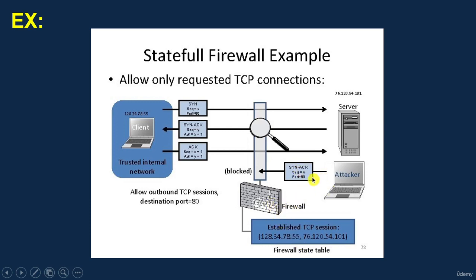Once the attacker's packet reaches the firewall, it will examine it and try to match it using the state table. Since that packet is invalid, it will be blocked and discarded. That is what is happening here. Okay, hope you are clear about this stateful firewall example.